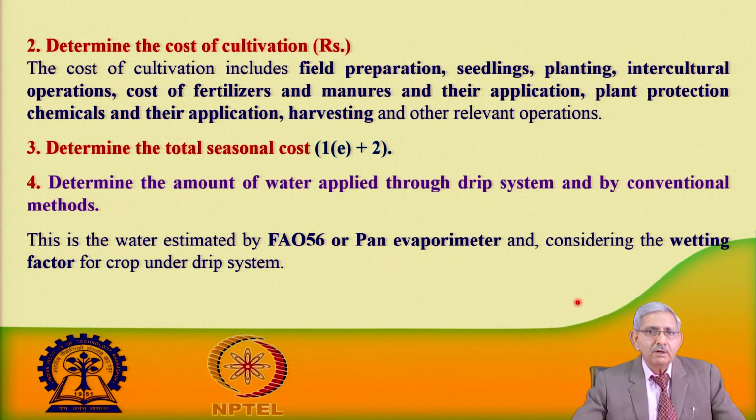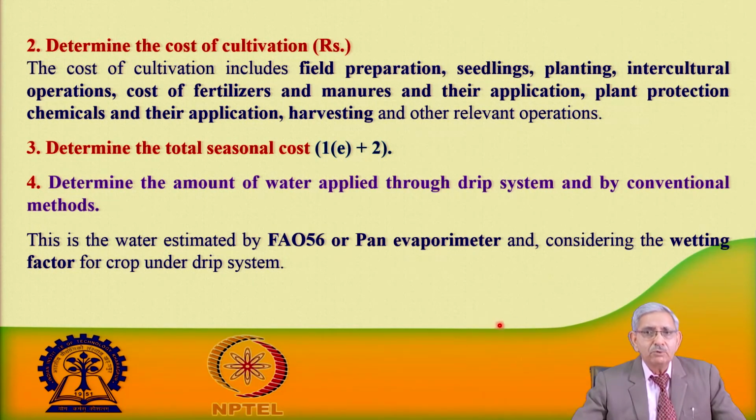So, the wetting factor, or wetting made by the dripper, is considered while we are giving water through the drip system. In case of horticultural fruit crops, this value varies from 30% to 60%, or 0.3 to 0.6, or 0.65 maximum is taken.